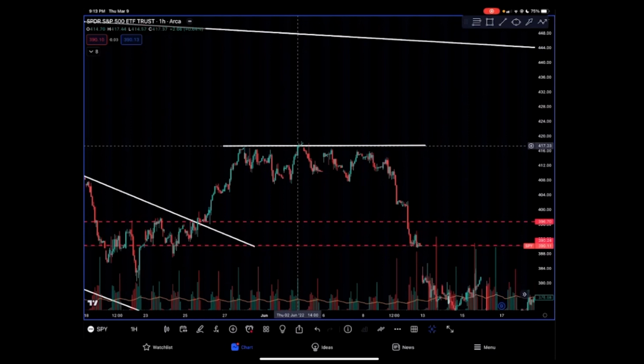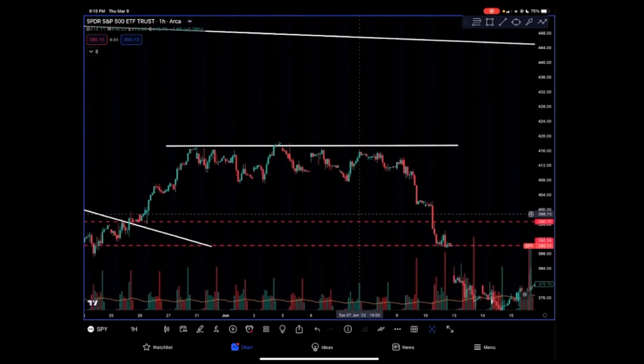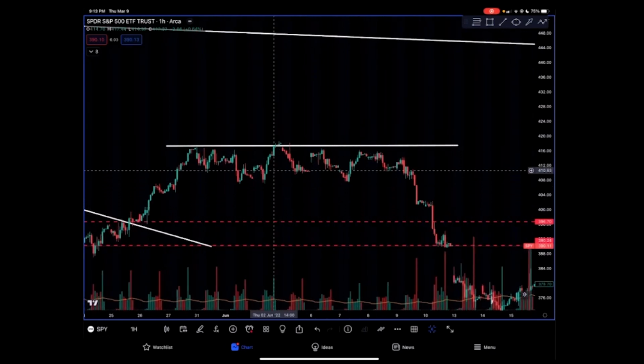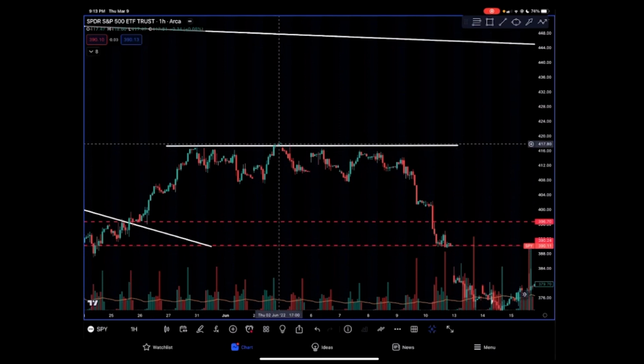The way you identify these fake outs is that if the first candle outside of the range doesn't have rising value, then it's probably a fake out. You can see the first candle outside here broke on low volume. This is not a trade I would take because this is not a confirmed breakout for me. We broke out, but barely. You see the wick here and then the declining value. This tells me that bears are in control here.